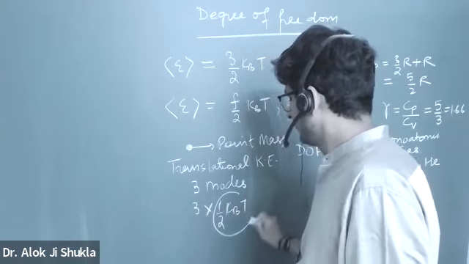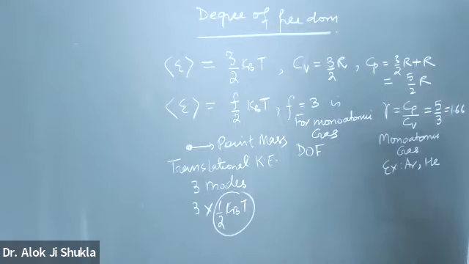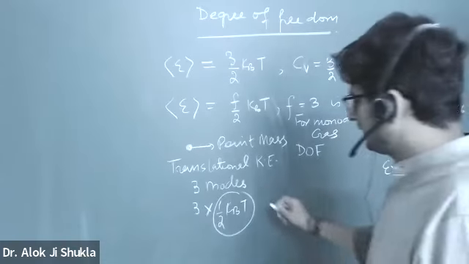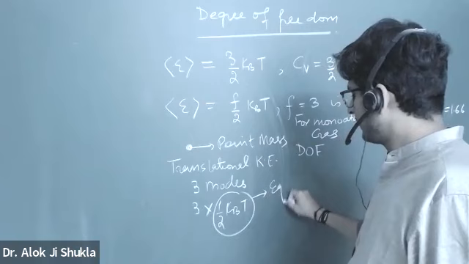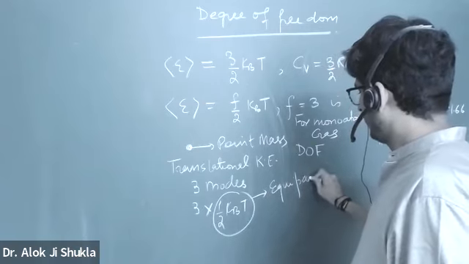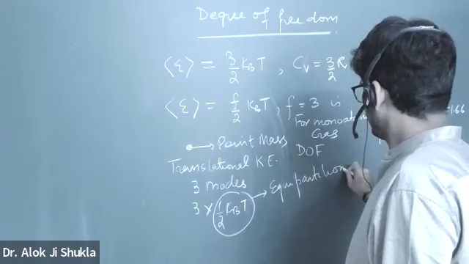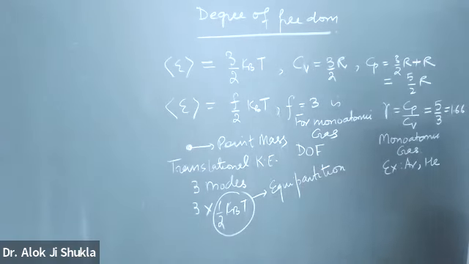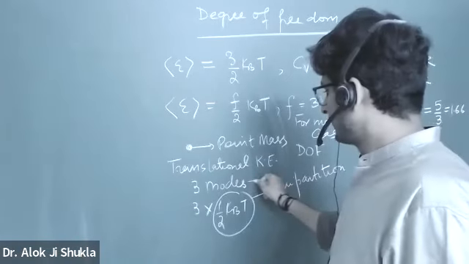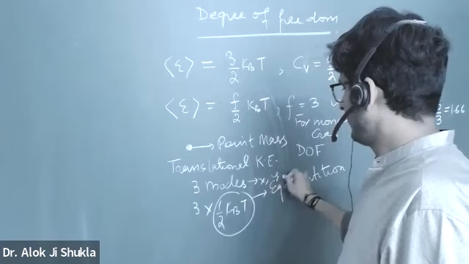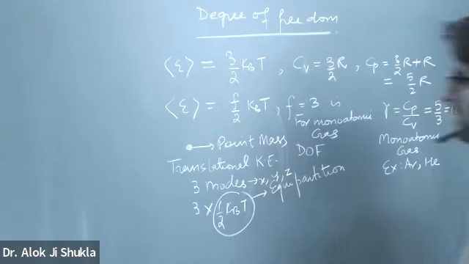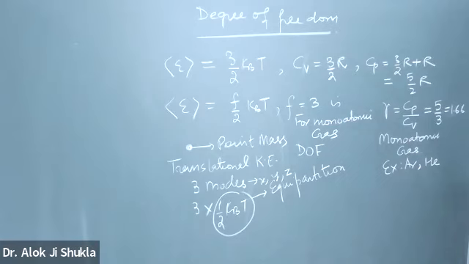Every mode carries half kBT energy, at least for an ideal gas. This law is called the law of equipartition. That means energy half kBT goes in every mode. Because three modes were available, corresponding to x, y, and z, we got 3 into half kBT, which is 3 by 2 kBT.